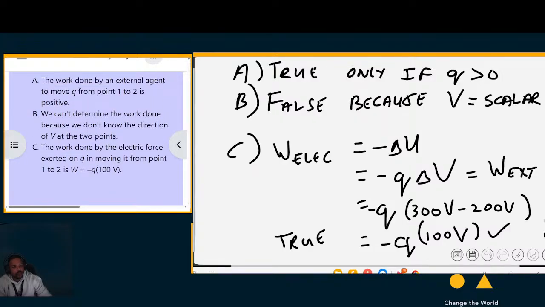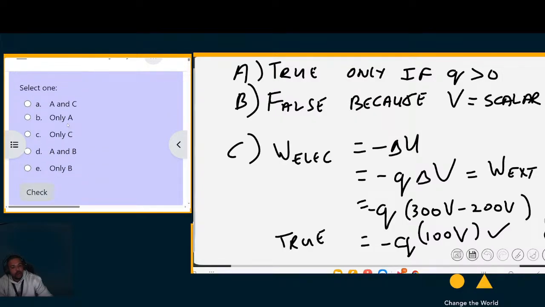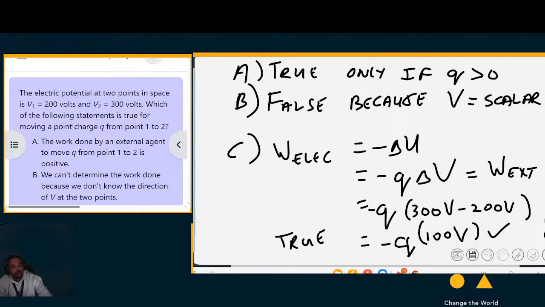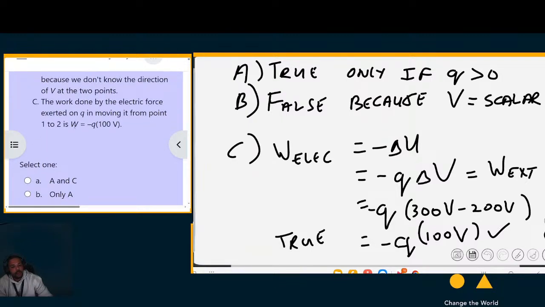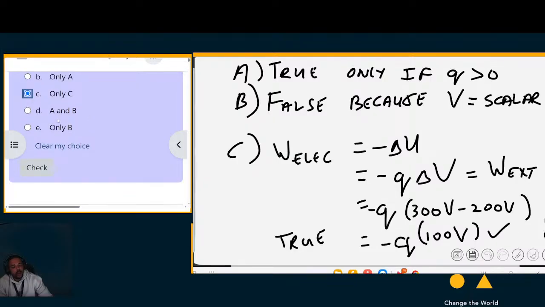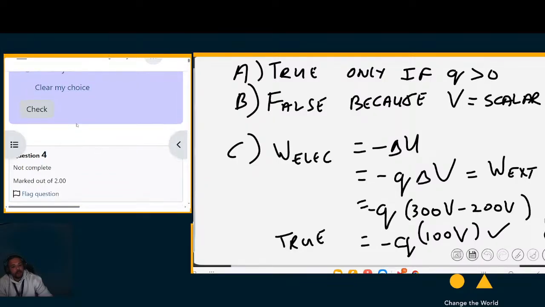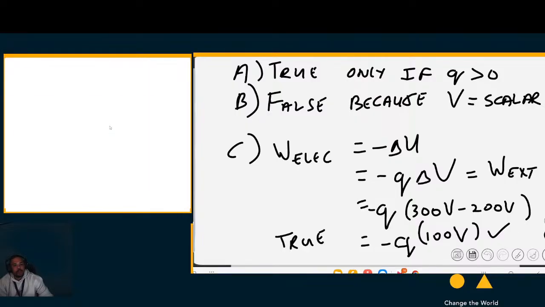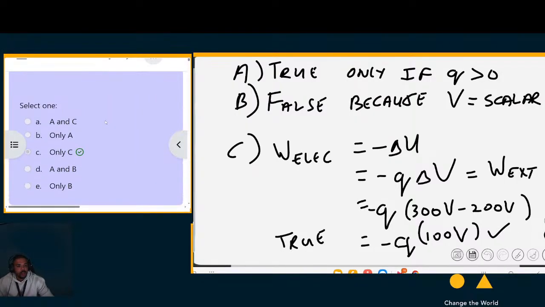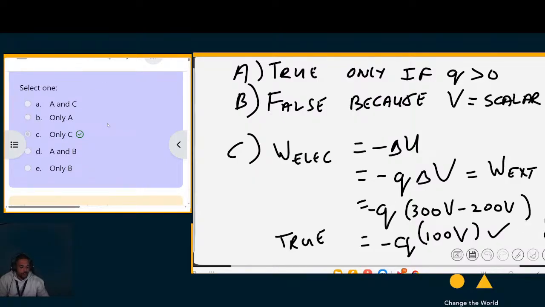There are conditions to it being true. It can't be only A that is true. Only C is true, yes. A and B can't be; B is false. So let's check. I forgot to check for the previous one, but let's check for this one. The answer is only C is true.